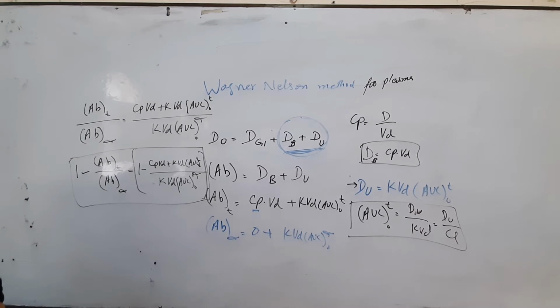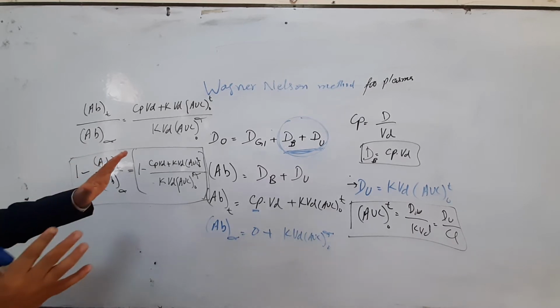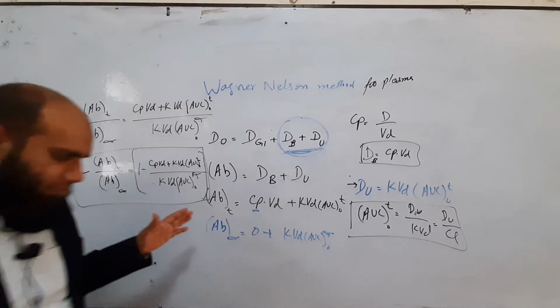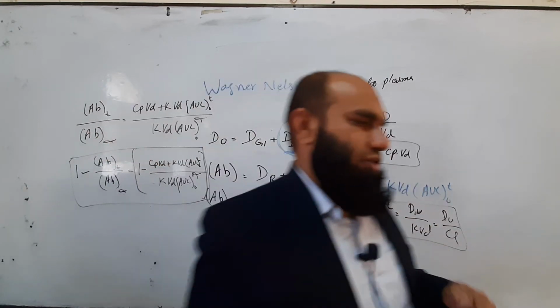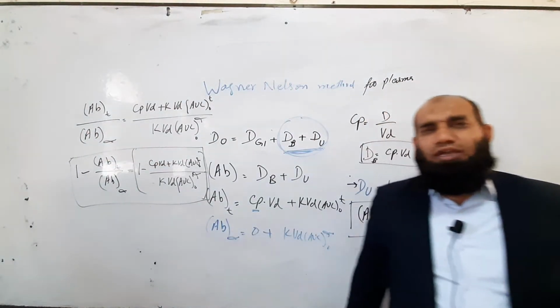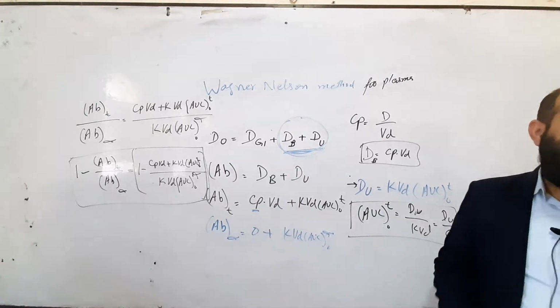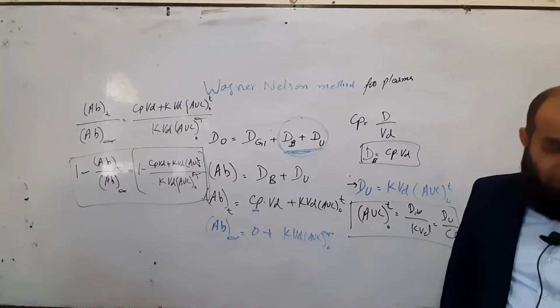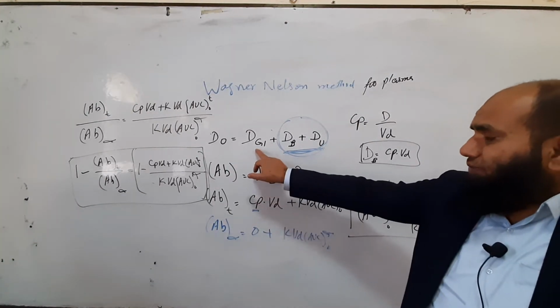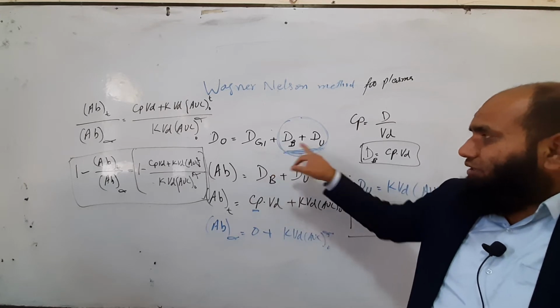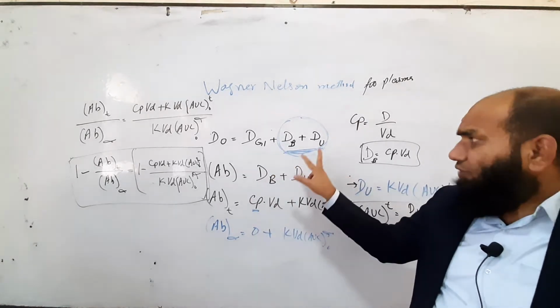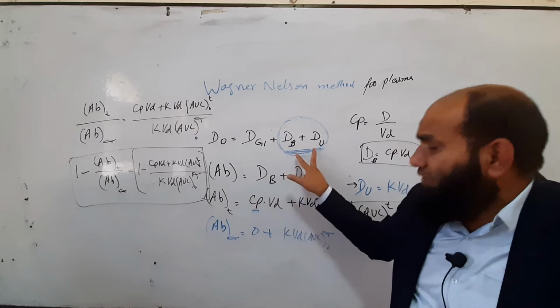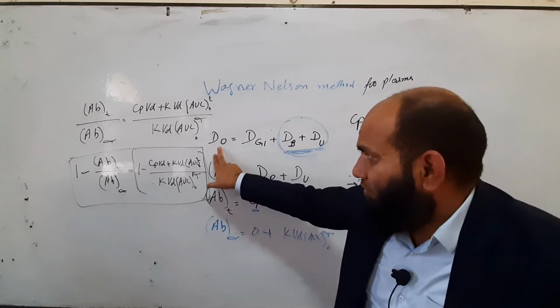Okay, how did we derive this? We have derived it with a very simple concept. We derived this equation by taking the total amount of drug. The total amount of drug can be segmented into three main areas: it is present in the GI tract, it is present in the blood, and it is present in the urine. When we take the cumulation of these, we get the total amount of drug.